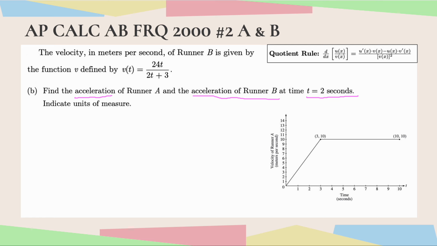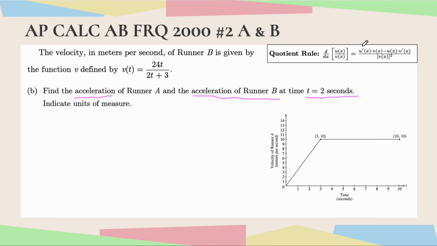So first, let's go ahead and do runner B again. Let's take the derivative of this function. I've put the quotient rule here up in the upper right. This is from my Unit 2 formula sheet available on Patreon if you'd like to check that out. And then let's go ahead and take the derivative.